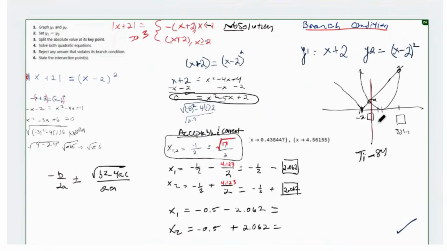The approximate solution. So that's negative 0.5 minus 2.062. That is negative 2.562.